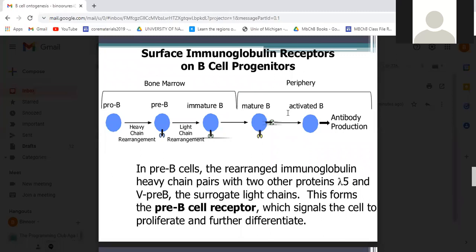So the other thing I want to mention here, look at the pro-B and the pre-B stage, this happens in the bone marrow, while the mature B cell that is fully functional is released into the periphery or the peripheral circulation.